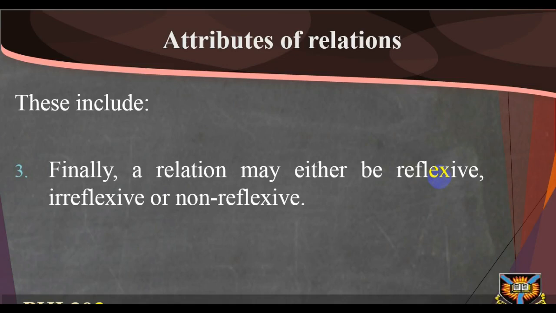But when a relation is such that an individual entity may or may not have such a relation to himself or itself, then such a relation is said to be non-reflexive. For instance, somebody may or may not love or admire himself.